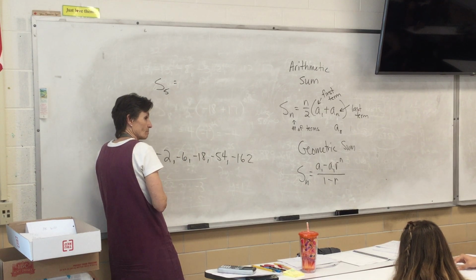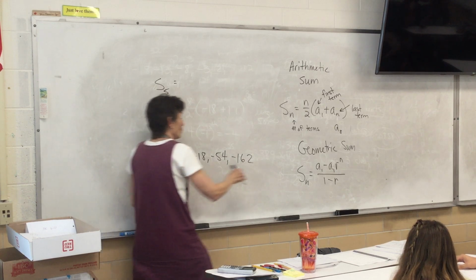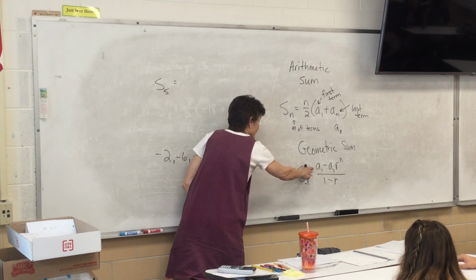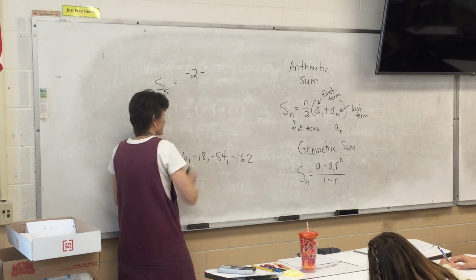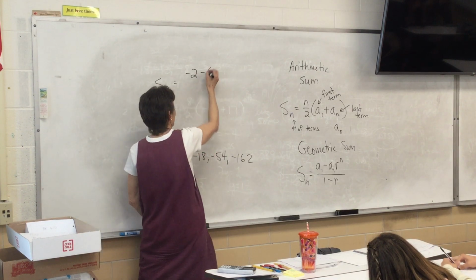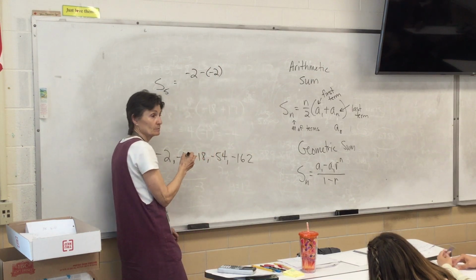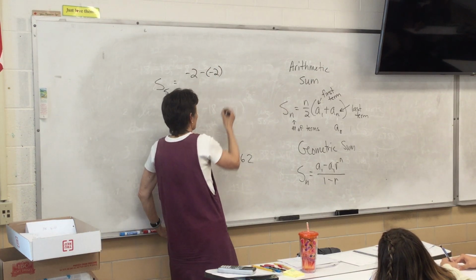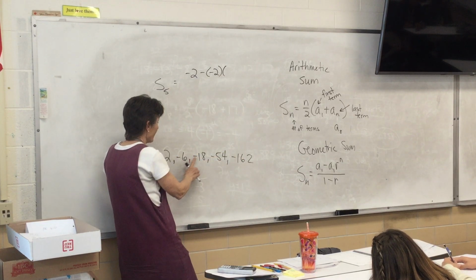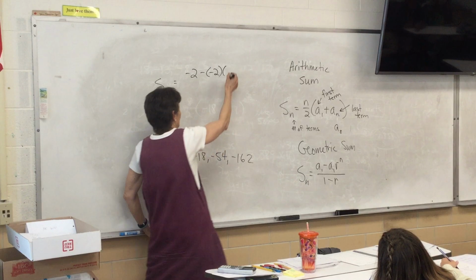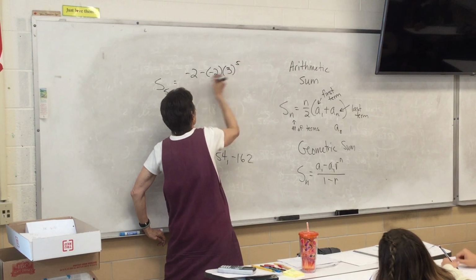All right, what's this? The first term, which is -2. So -2 minus... Oh, another -2? Yeah. To the... or, what's my ratio? What's my R? What am I multiplying by? To the 5th power, 3 to the 5th power, very good.